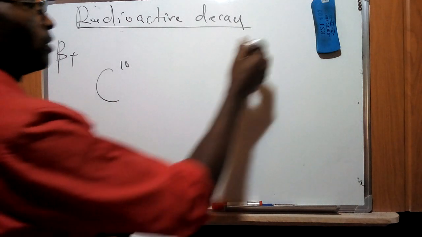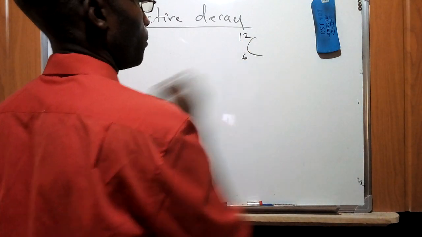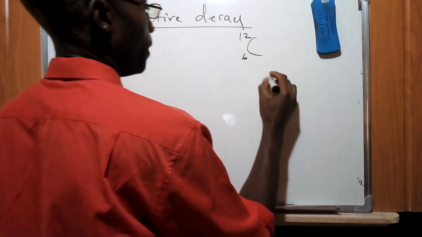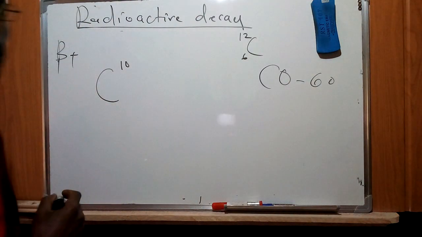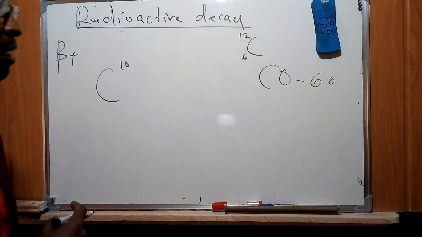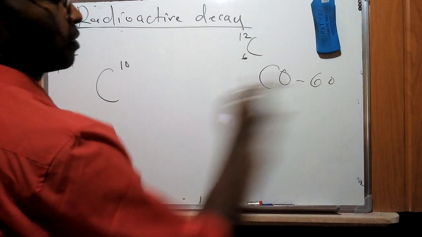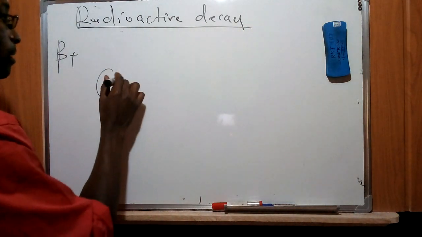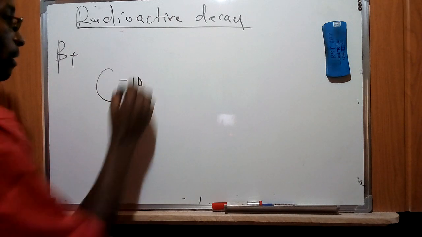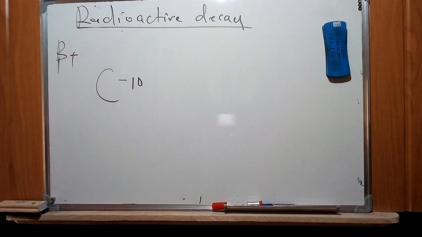We can denote carbon, maybe carbon 12. So if an element is given as such, followed by a number, this indicates the mass number of that specific element.